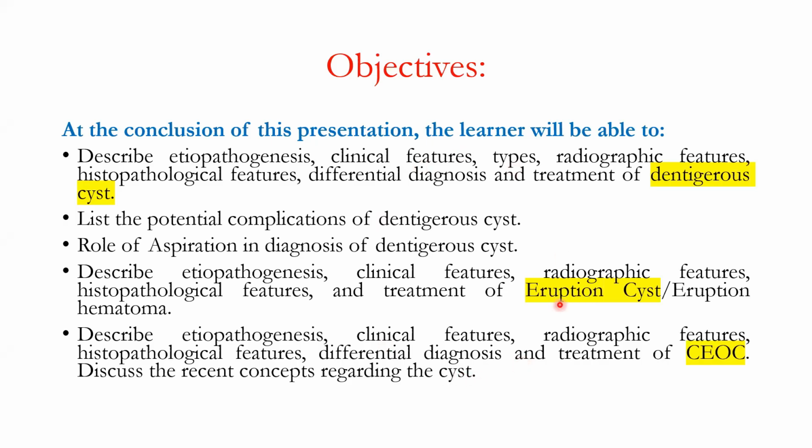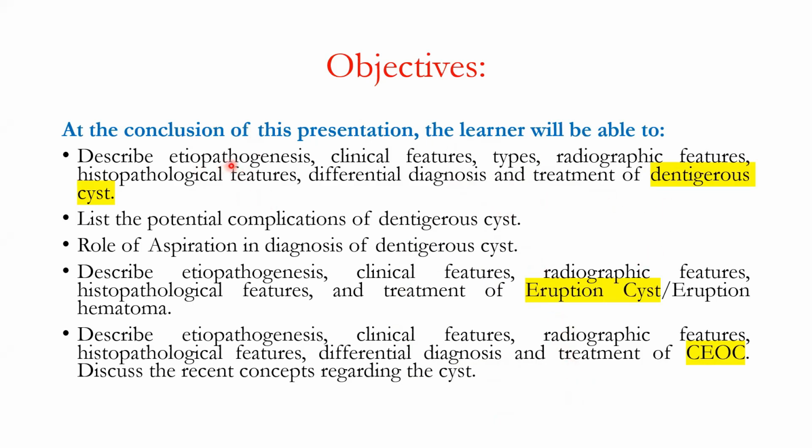Every lesson has to have an objective. When it comes to pathology, it is very important to correlate your clinical features with the radiography and histopathology to arrive at a diagnosis, and that follows the treatment. So for each pathology, the learning objective is pretty much similar.